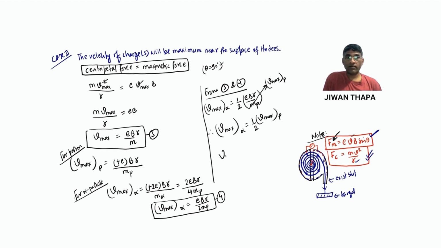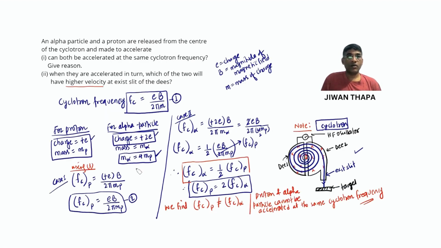Or we can write that the maximum velocity of the proton equals 2 times the maximum velocity of the alpha particle. So we have this relation. Let us see the question: when they are accelerated in turn, which of the two will have higher velocity at the exit slit of the dees?